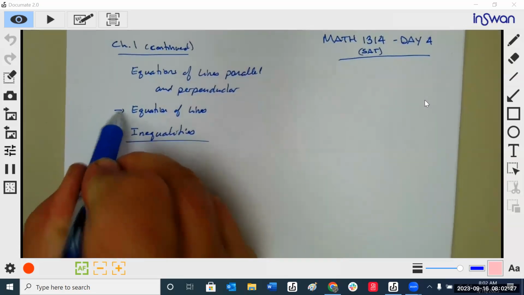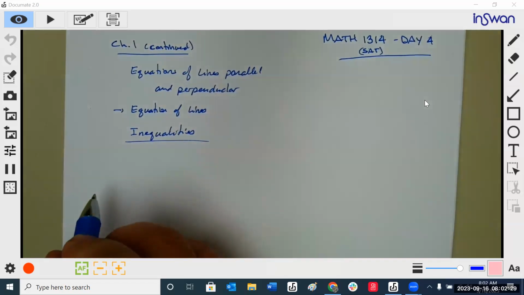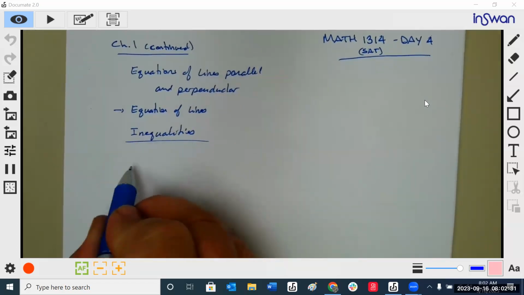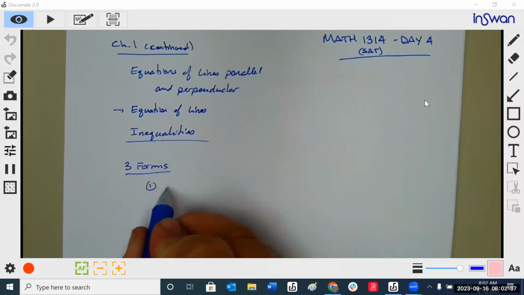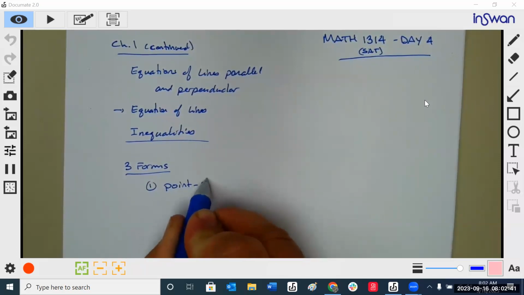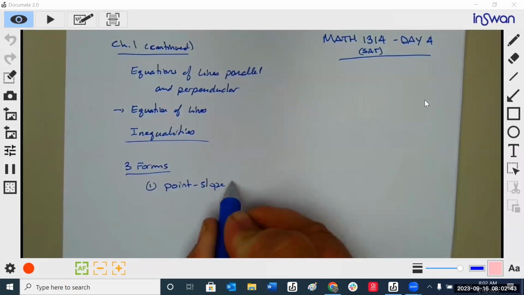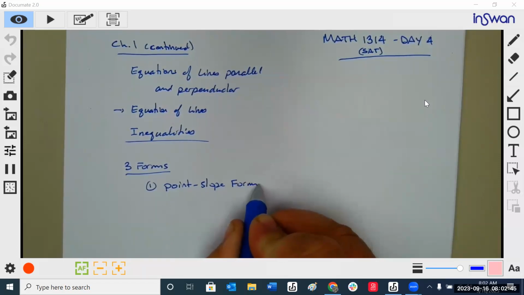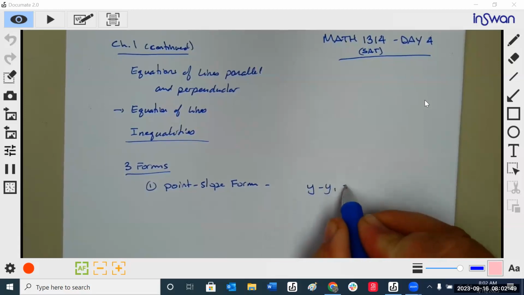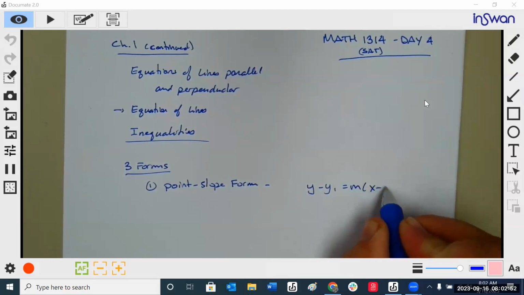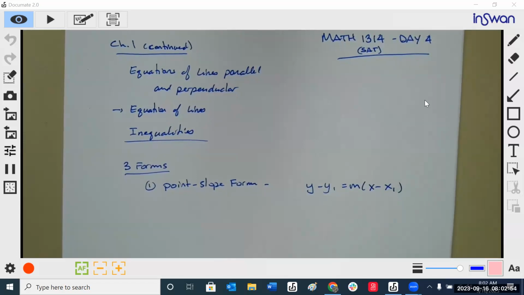Let's start with this one. Remember, last class we talked about equations of lines. There are 3 forms. There was the point slope form, which looked like y minus y1 equals m times x minus x1.